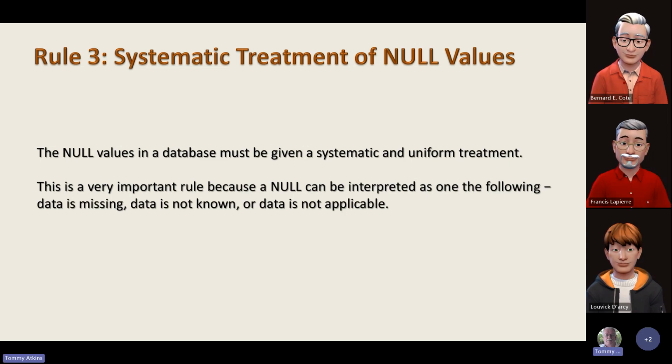And in the old days of the 34, 38, 36, we used to put in a -1 to indicate that there has been no value assigned, because 0 is a valid value. But in this case, you would use a null. So data is not known, data is missing, or data is not applicable are the three ways of looking at things.